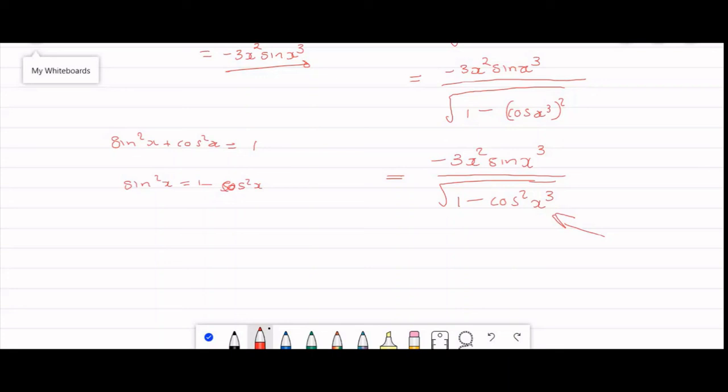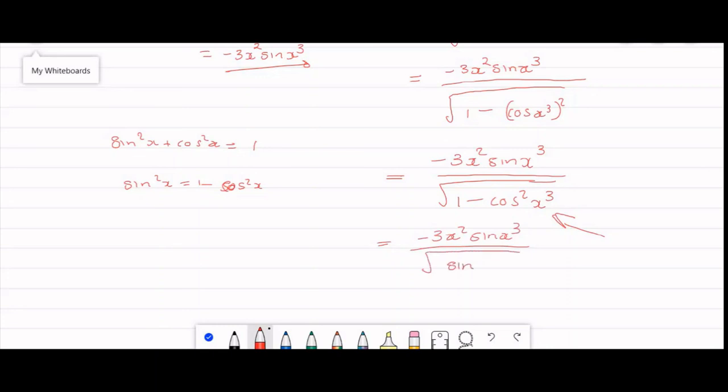So therefore, where we see 1 minus cos squared x, we're going to substitute sine squared.